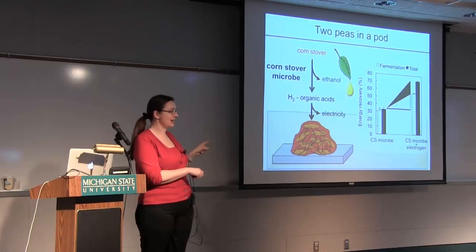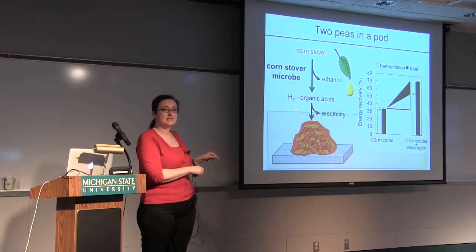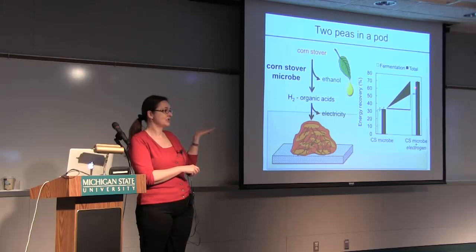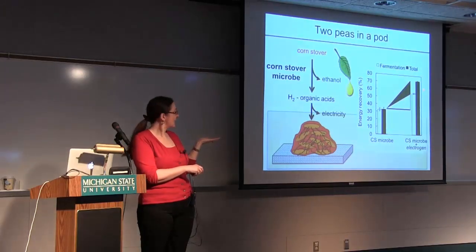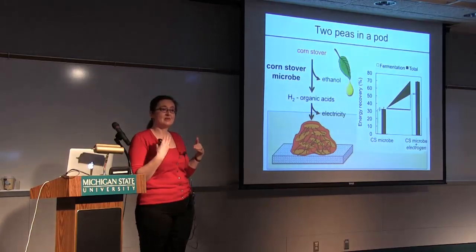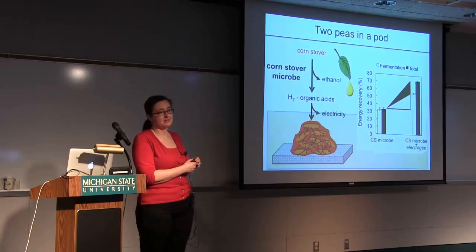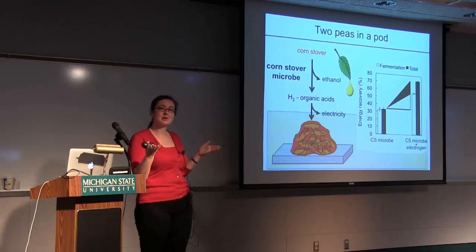When you put an electrode with our electrogen to soak up all these byproducts, look at the amount of energy that we are generating only in a single reactor with fermentation. And if you count the amount of electricity that you are also generating at the same time, you increase the energy recoveries even further up to above 70%. And this is without optimizing these organisms, because we are microbial geneticists.